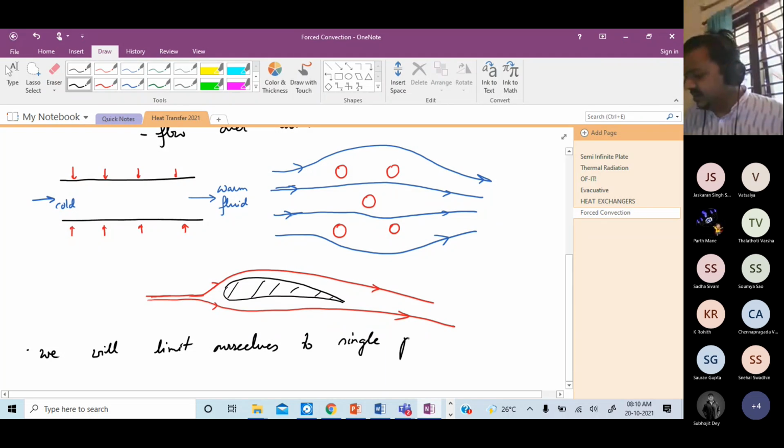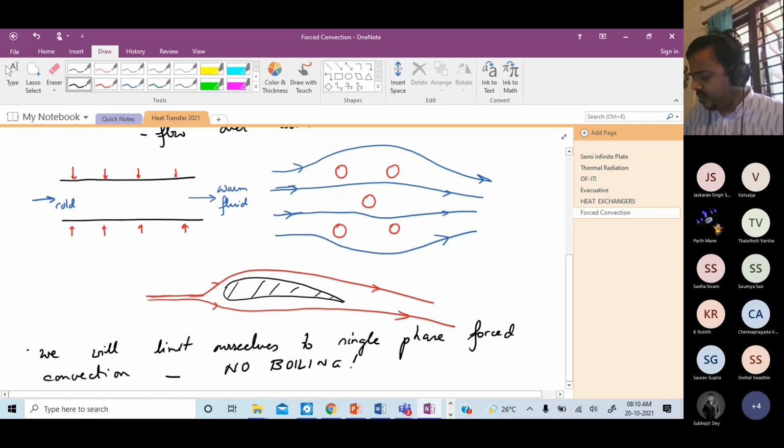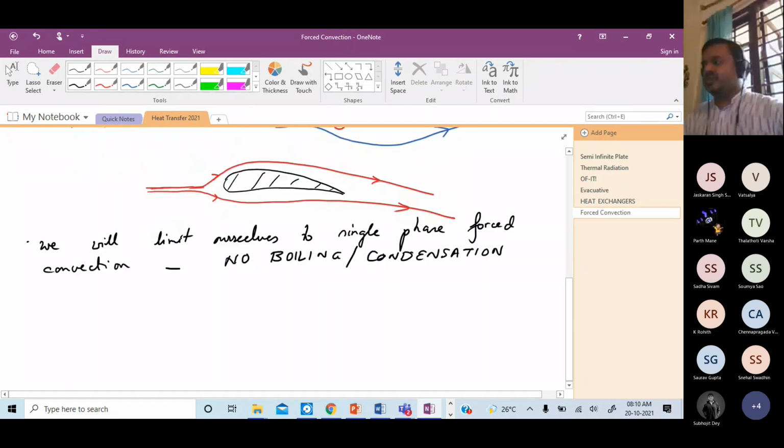It's single phase. So this is what we are going to do.